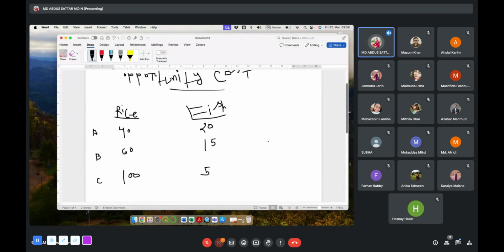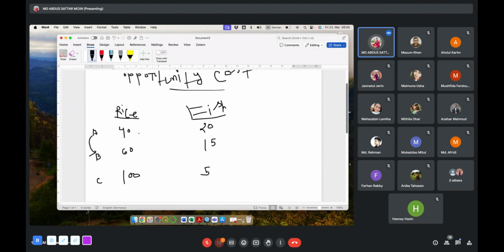Now, to calculate the opportunity cost, or to know how much I am actually sacrificing for 1 unit of rice production, and what the sacrificing ratio of the fish production is. So let's say I want to know the opportunity cost of rice production by moving from point A to point B. At point A, I am producing 40 units. At point B, I am producing 60 units.